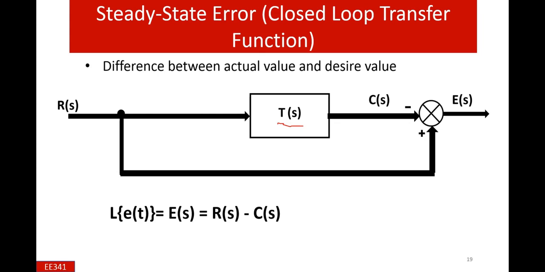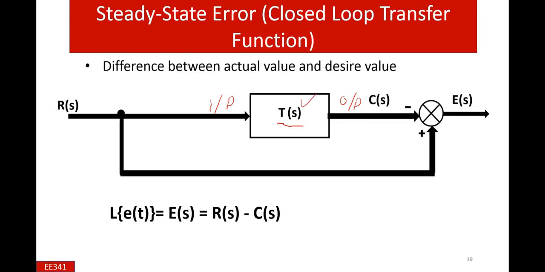R(s) is the input, C(s) is the output, and this is the closed loop transfer function.